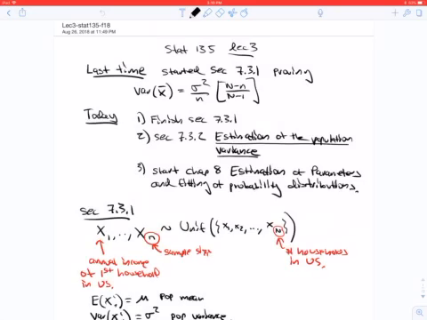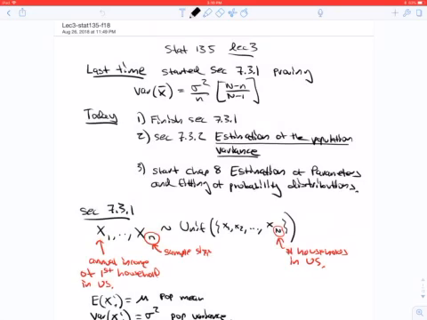Hello, it's lecture 3, stat 135. Last time we started section 7.3.1, showing that the variance of the sampling distribution is sigma squared over n times this correction factor, N minus n over N minus 1.